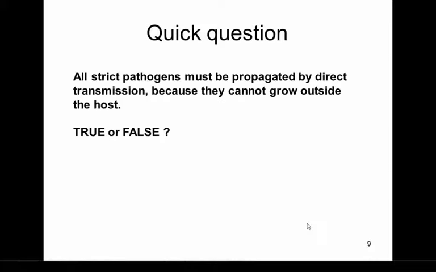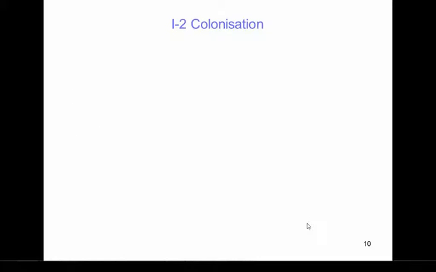Yeah, you're right, it's false. So Bacillus anthracis is an example because it's a strict pathogen, but it can persist as an infectious spore. So that's what allows indirect transmission. Okay, so these are transmission to a new host.